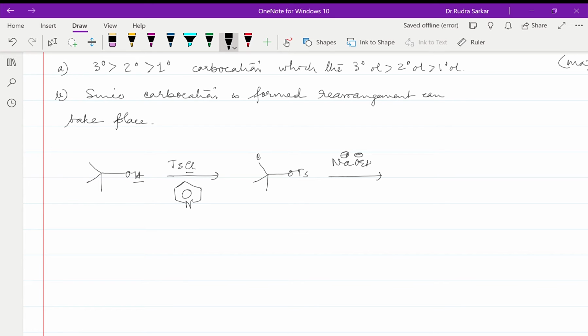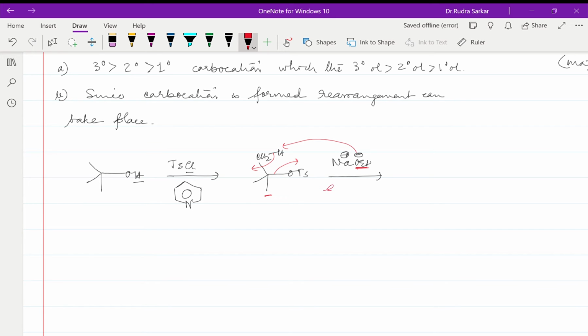Now, mechanistically it will change. No carbocation can be formed, but elimination will be in one step where this base will take up the proton. Okay, and that will be acting as the leaving group. One step mechanism is operating, so this is basically having a base and a molecule.